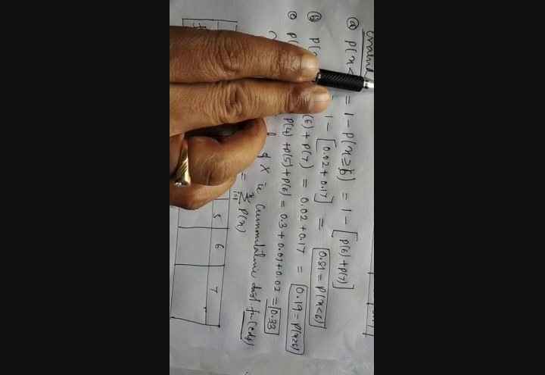X is 0, 1, 2, 3, 4, 5, 6, 7. So when x is 0, what will be F of x? It is nothing but the summation of p of x. So when x is 0, it is 0. So we'll take this as 0.